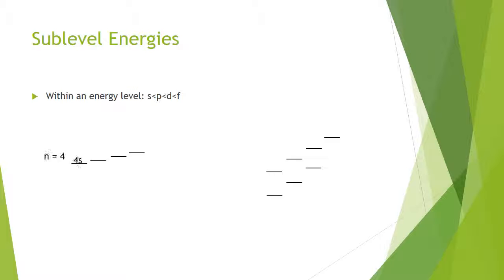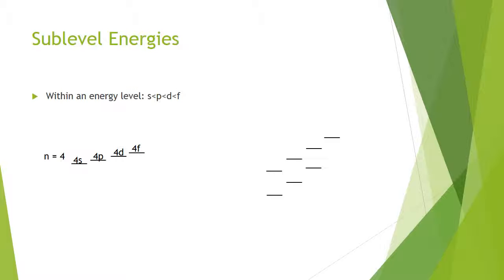So my example here, I'll show you the 4th energy level, because that's the first one where we have all 4 of these letter designations. So the 4s sublevel would have the least amount of energy, followed by the 4p, which would have a little more, the 4d would have a little more than that, and the 4f would have a little more than that. So while they're all in the same energy level, their energies are a little different, thus we call them sublevels.